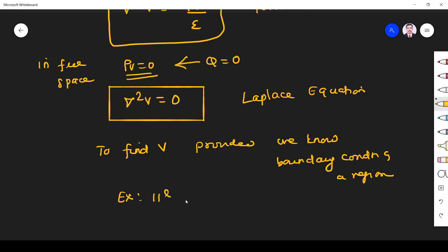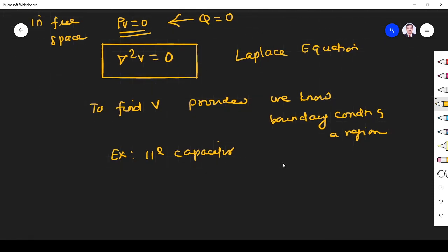With some boundary conditions we can apply potential. So in a parallel plate capacitor we know the boundary conditions. From there we can find V, and from V we can find the electric field, that is equal to minus del V, right? So this is all about the Poisson and Laplace equations.